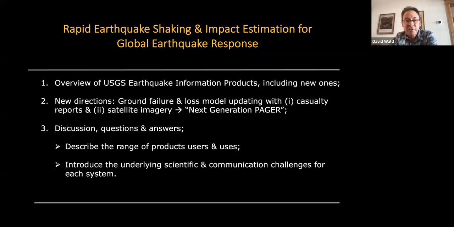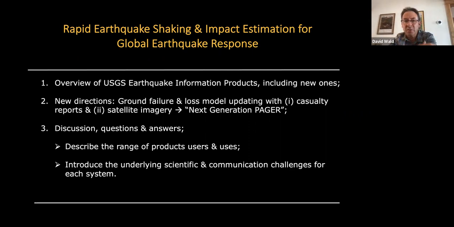So I'll give you an overview of the earthquake information products and the underlying science that's there, and the challenges that we have in making these products and just delivering uncertain information. The second element here, I'll only touch on given the time, but basically I'll tell you where we're going in terms of new directions.